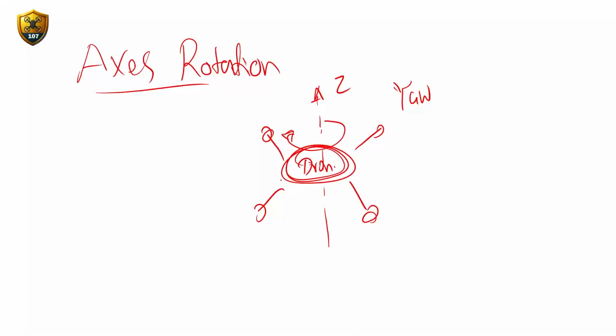If this is the front and this is the back, and the front leans down, we call it pitch down. If it pitches up, the front will look over this level.